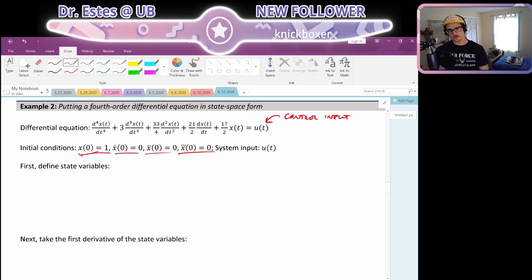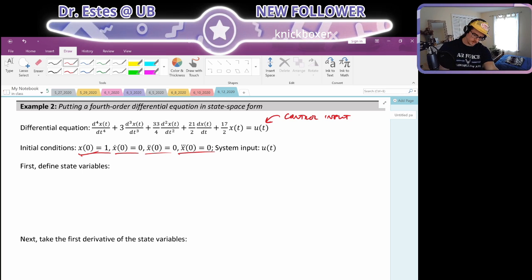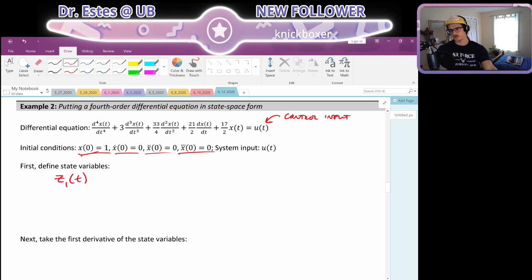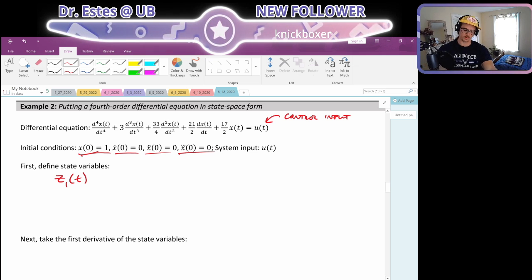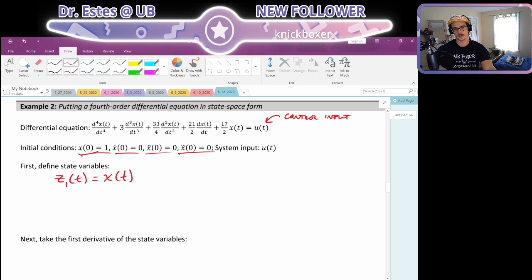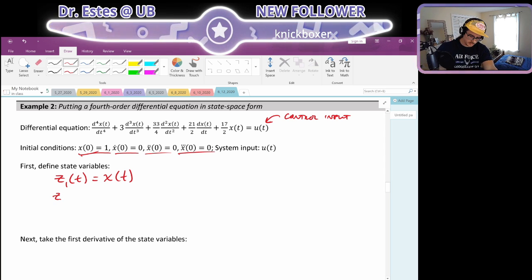Let's put this in state space form. So a popular way to define the states, let's call them Z1, Z2, Z3, Z4. We know there's going to be 4 of them. Is to have the first state just equal to the dependent variable, x. And then you make the subsequent states equal to the derivatives.